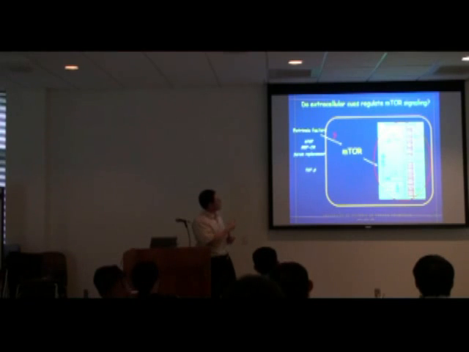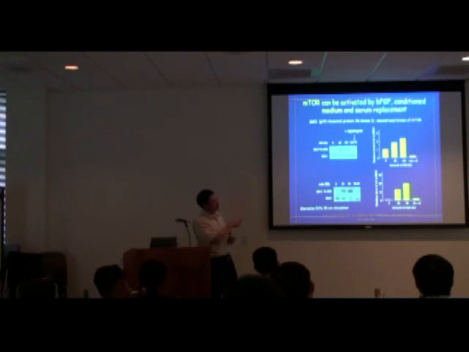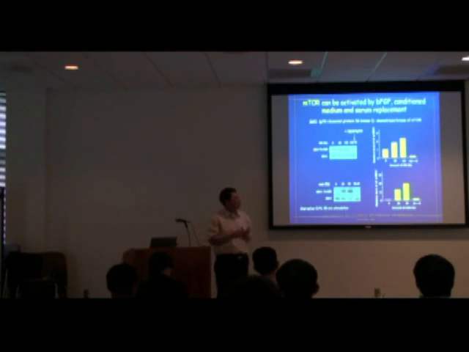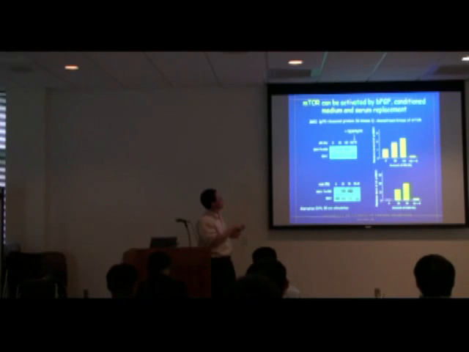We used a readout for mTOR activity, which is a kinase called S6K1. It's a well-known downstream kinase of mTOR. To make a long story short, we were able to show that any of these extracellular cues are able to activate mTOR, which include, for instance, basic FGF and also knockout serum replacement.